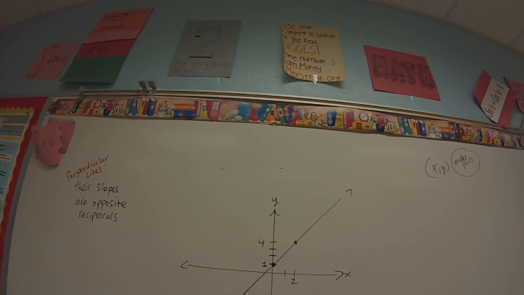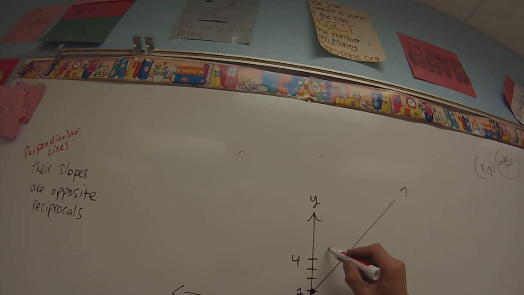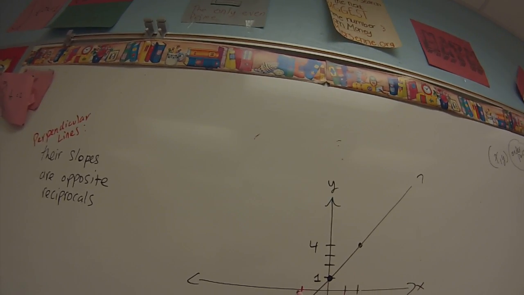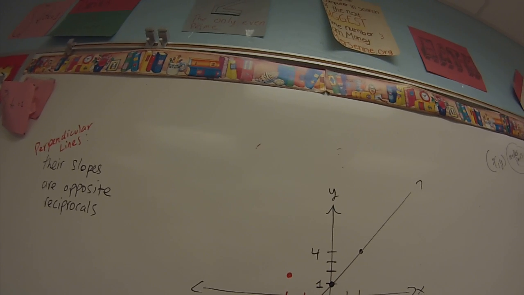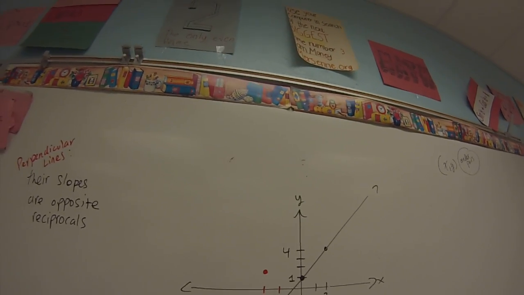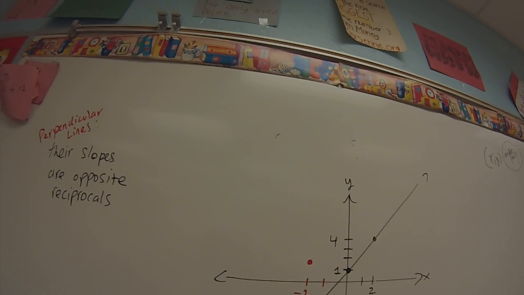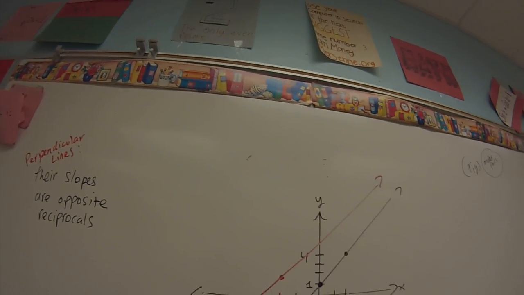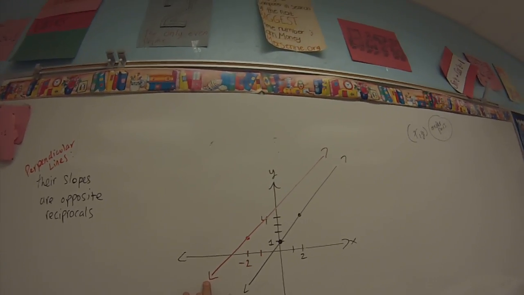Okay, there's going to be a red line now that it's going to be parallel to this other line. So let's say it's going through this ordered pair here. Okay, so this red line is parallel. Notice that they're parallel. The red line and the black line are parallel. They're never touching each other.